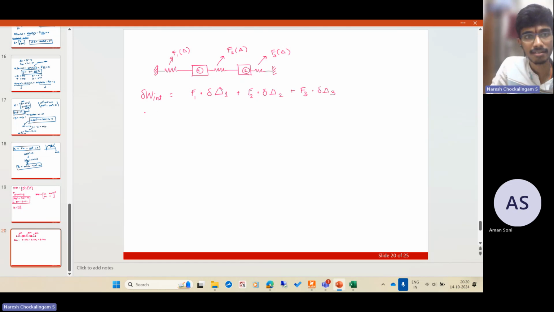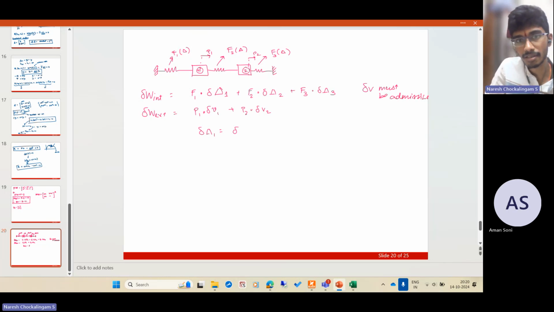And what about the external virtual work? Let me call the external forces P1 and P2. So that is P1 dot del V1 plus P2 dot del V2. So V is a virtual displacement. But what is del delta 1? Del delta 1 is equal to, so we say the virtual velocity field must be admissible.